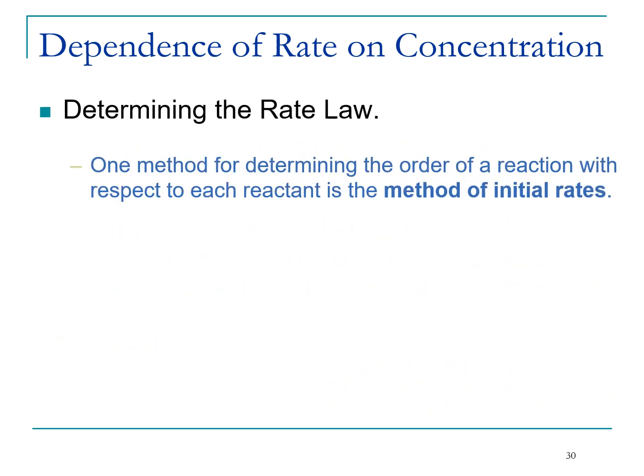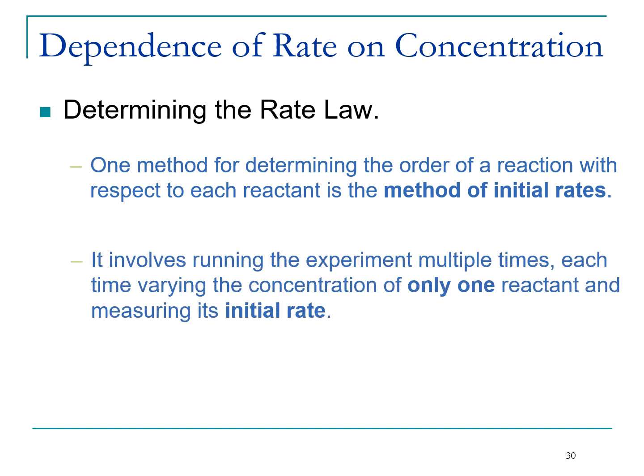All right, so one way that we can determine the rate law is to use initial rates of reaction. In other words, we're going to run the reaction multiple times, and we're going to measure the initial rate of the reaction, and we're going to change the concentration and do it again and find the initial rate with different concentrations.